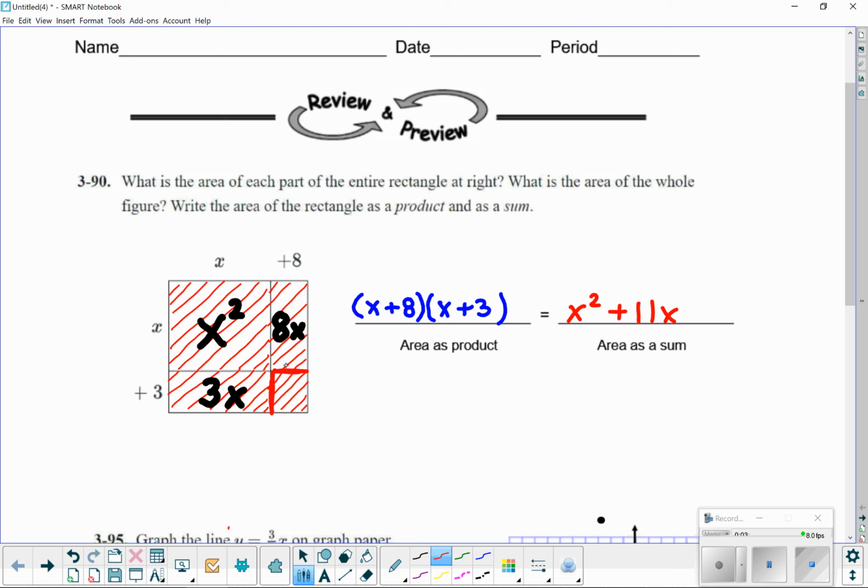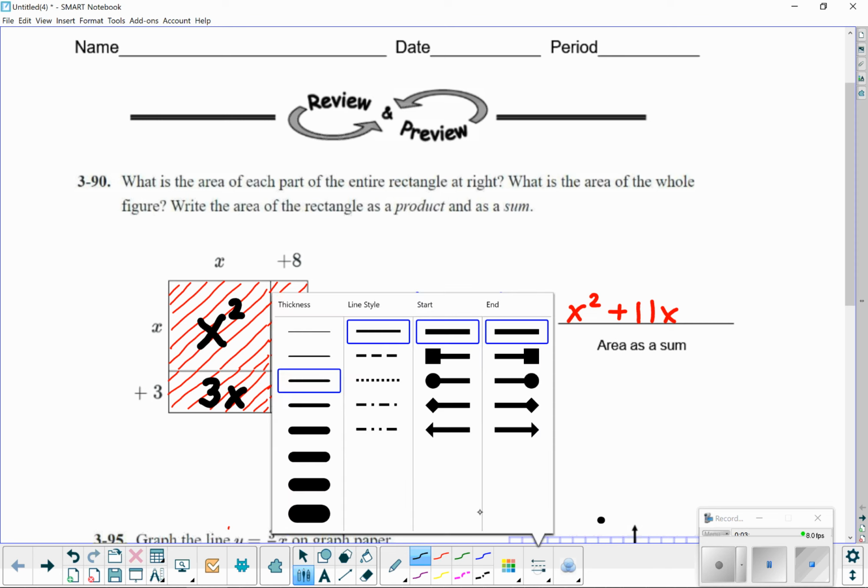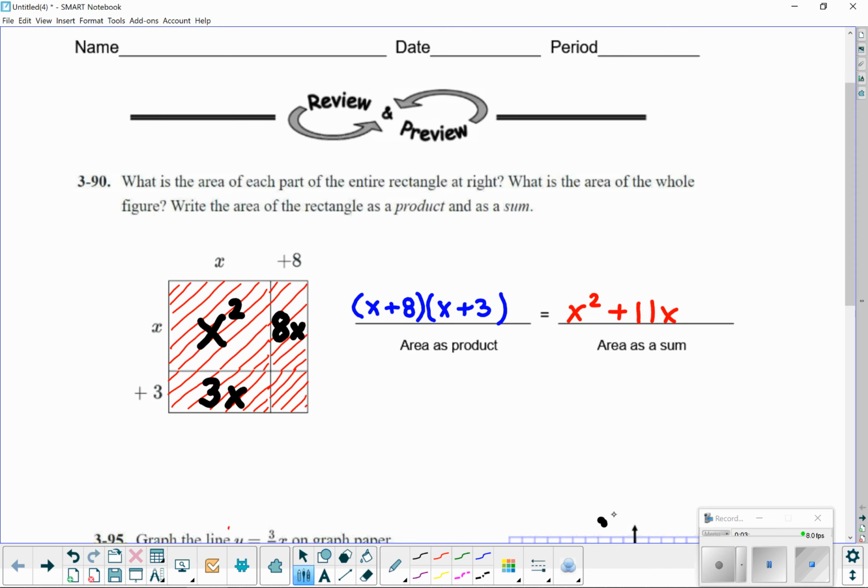And we know it's 8 because this part is 8, so this part is also 8. So the area of that last rectangle is 3 times 8, or total is going to be 24. So that's your last piece of your sum.